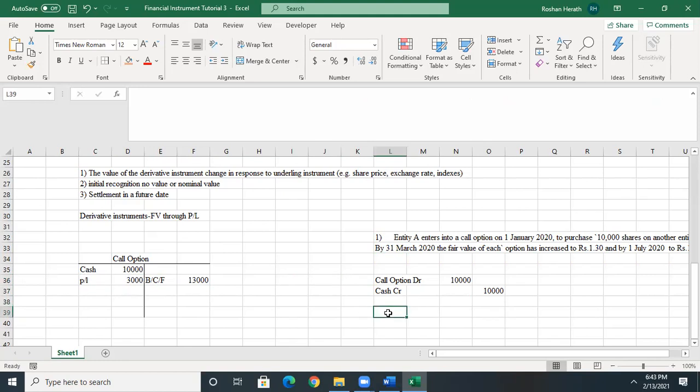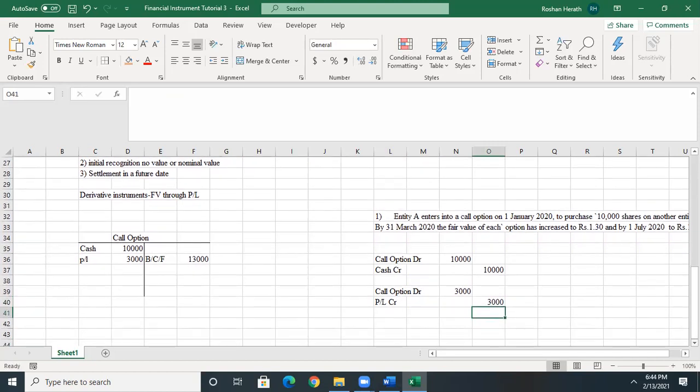So you debit the call option 3,000 and credit, sorry, not cash, profit or loss, 3,000.